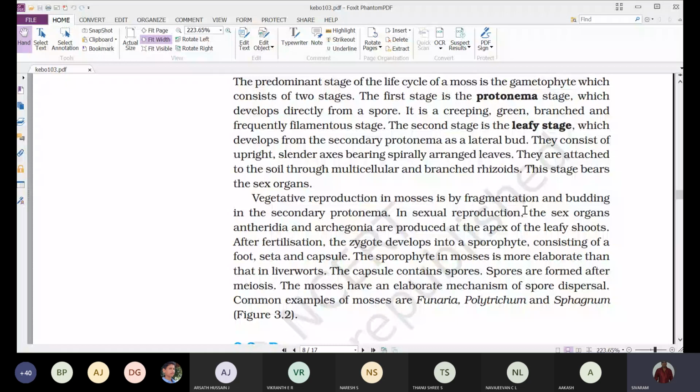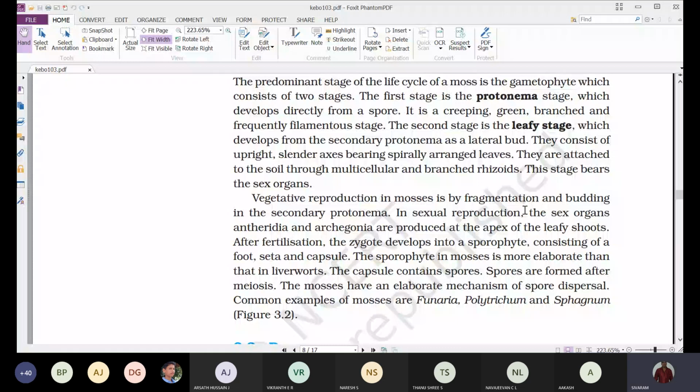Next, coming to reproduction, it undergoes both asexual and sexual reproduction. Asexual reproduction occurs by fragmentation and bud formation. Fragmentation is observed in the primary protonema, whereas the secondary protonema or leafy stage is formed from the buds.